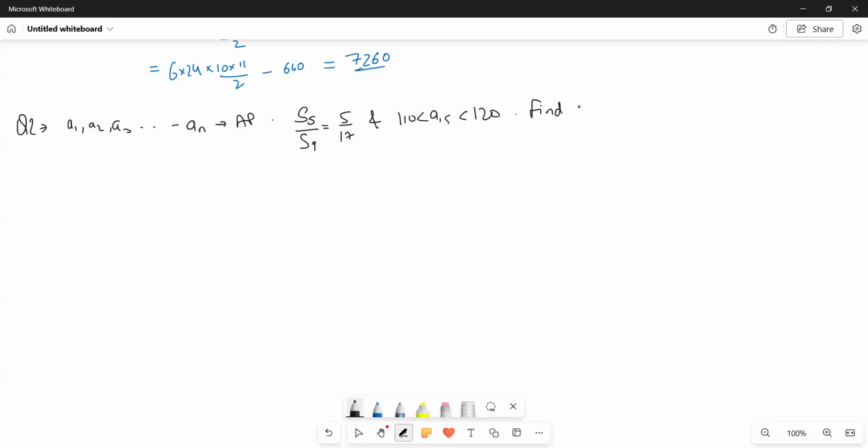Then find S10. Find the sum of the first 10 terms.